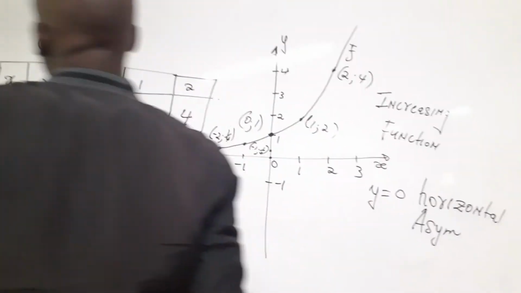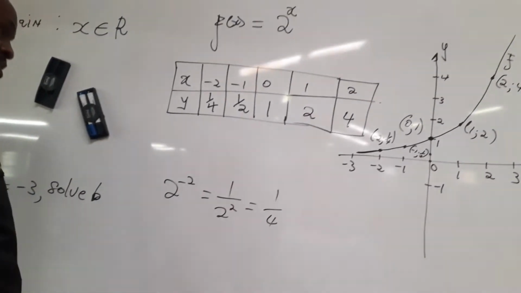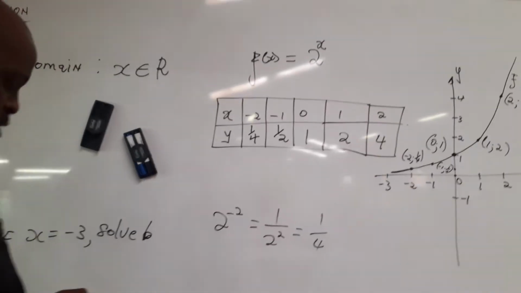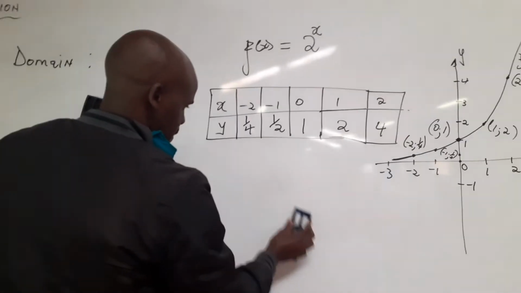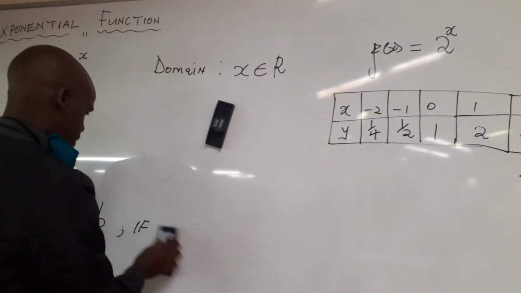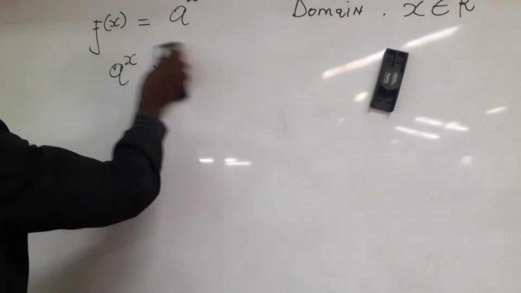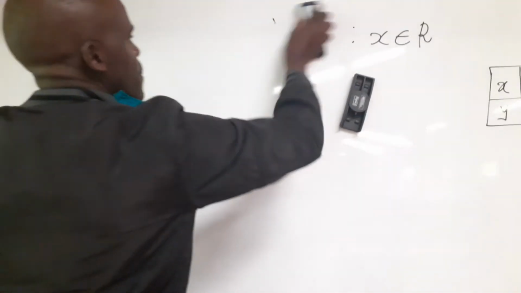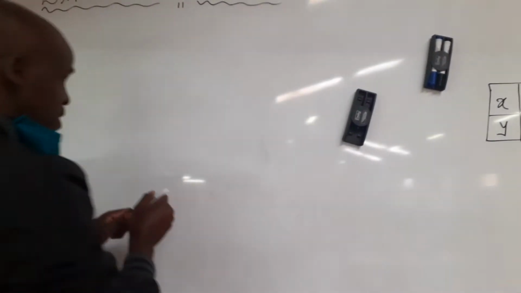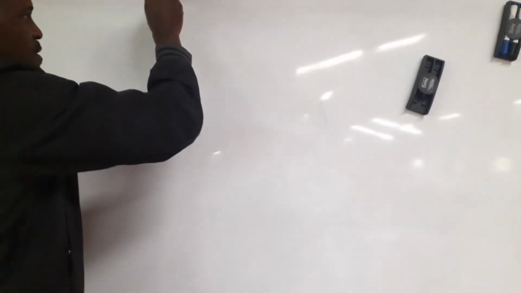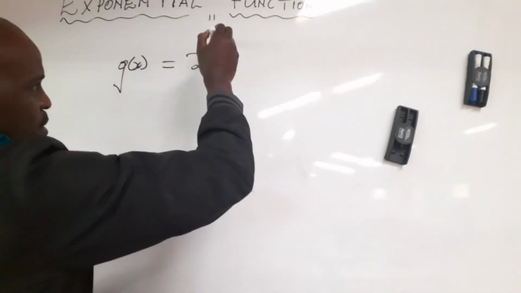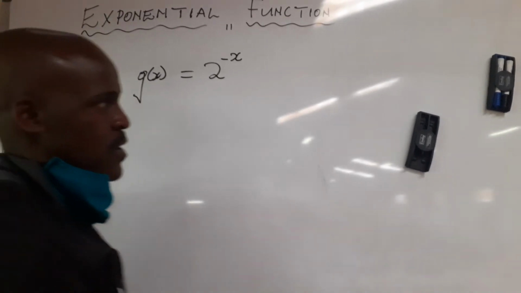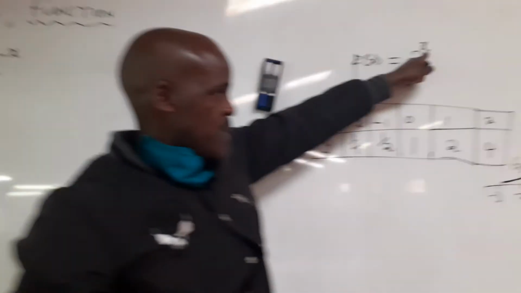Right, same function. Let's change our exponent. Let's say we are having g at x is equal to 2 exponent negative x. This is exponent positive x.